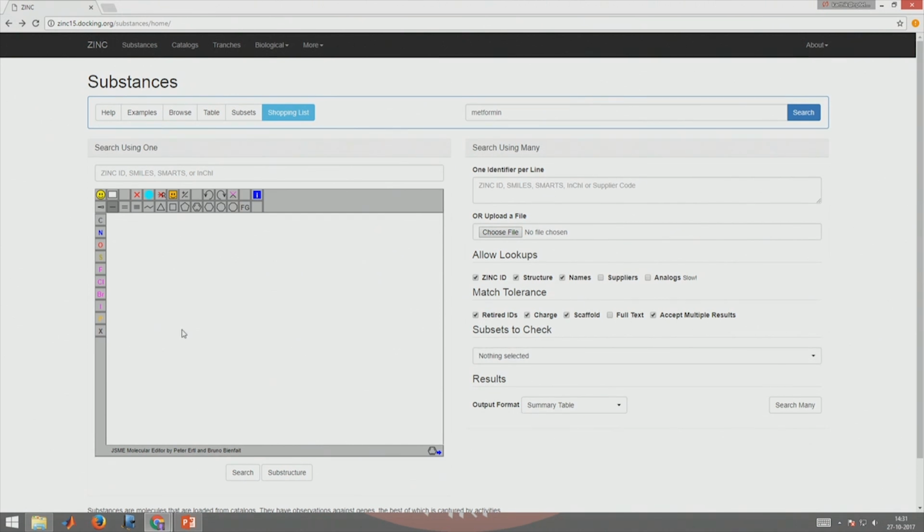We can draw structures here. For example, imagine I am drawing a structure here, okay, I can draw a chemical structure, and then I am interested to look at molecules in the database which have this substructure.